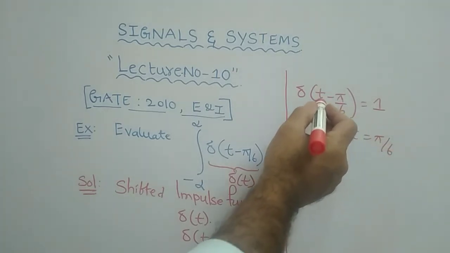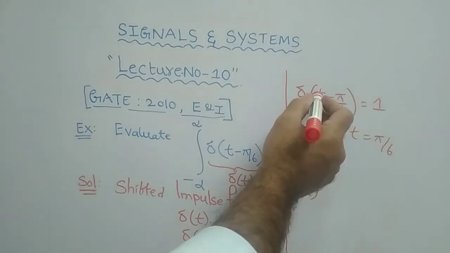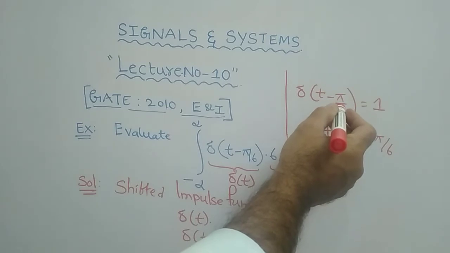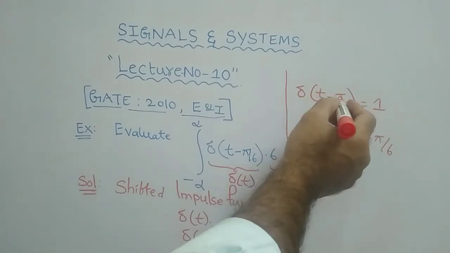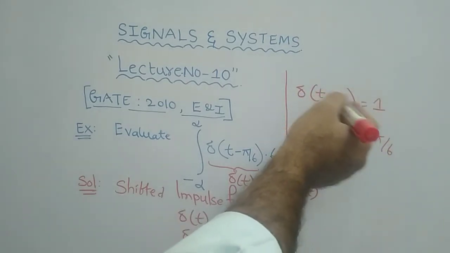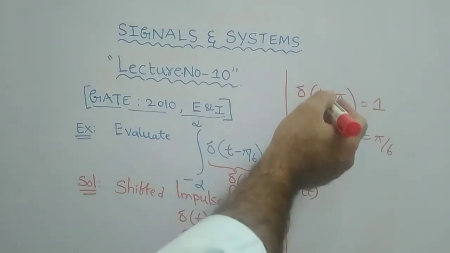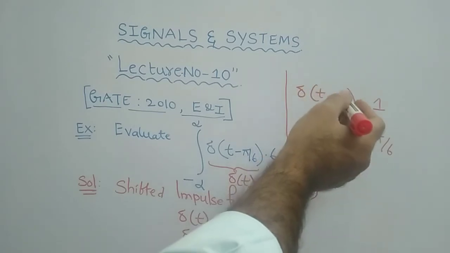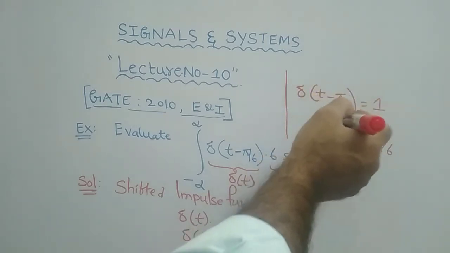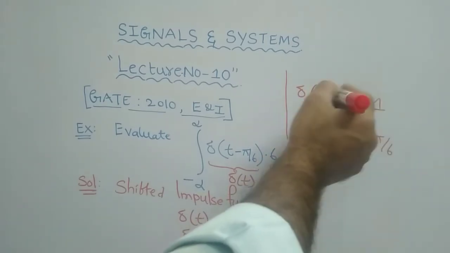If you substitute t equal to pi by 6, then t minus pi by 6 in the bracket is 0, so t is equal to pi by 6. Pi by 6 minus pi by 6 is 0, meaning delta of 0. What is the quantity in the bracket? This is nothing but time t in general.